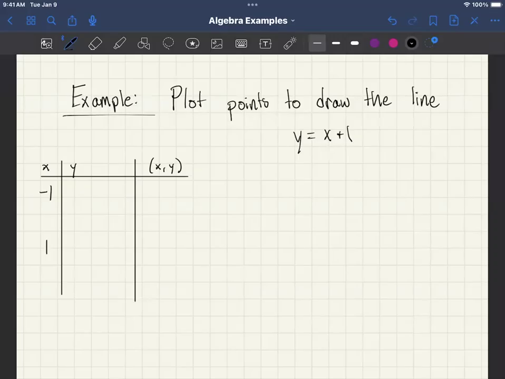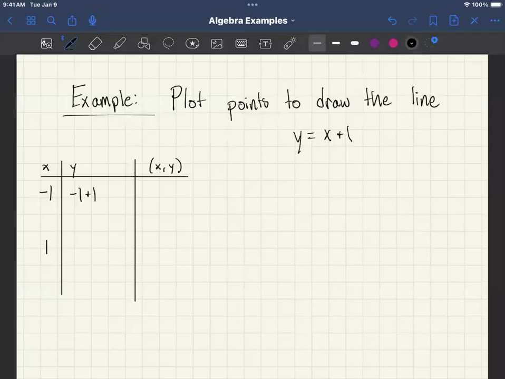So we get to choose those numbers in this problem, which is kind of nice. Next, we are going to take our x value and plug it into our function where we see an x, and it's going to spit out a y value for us. So let's put our -1 where we see that x.